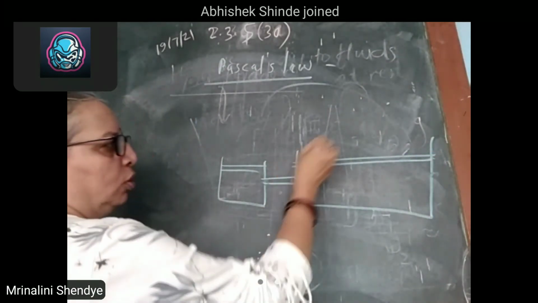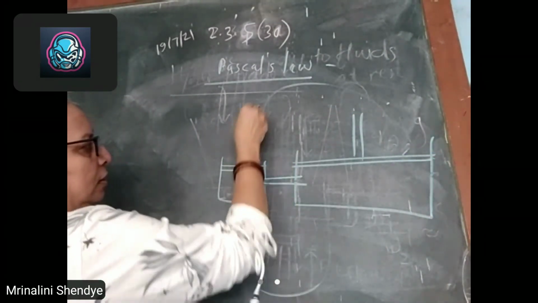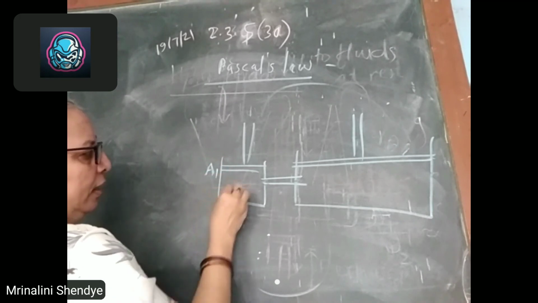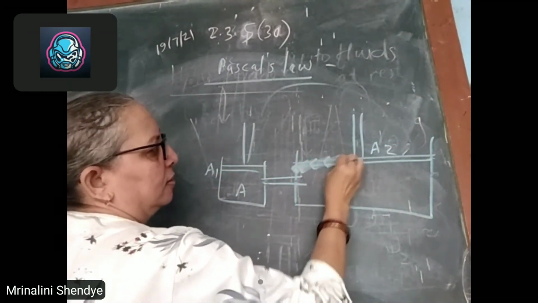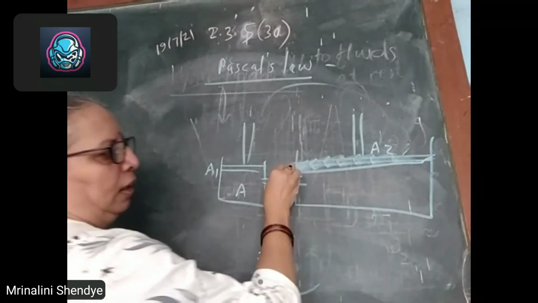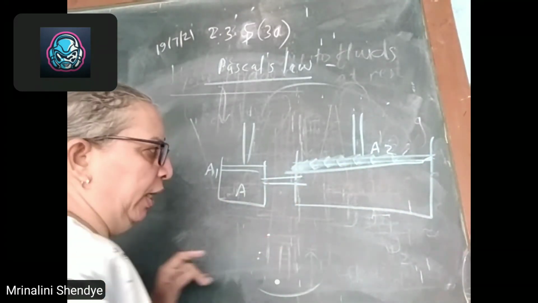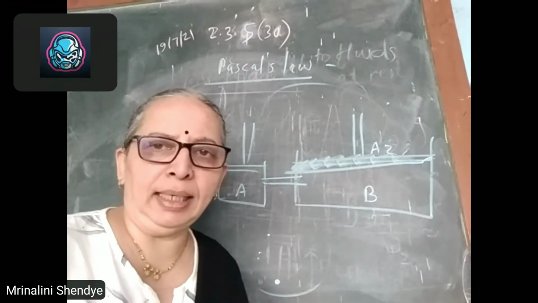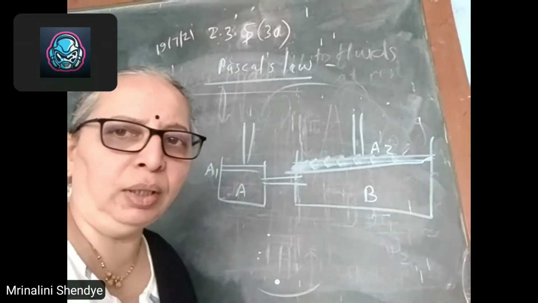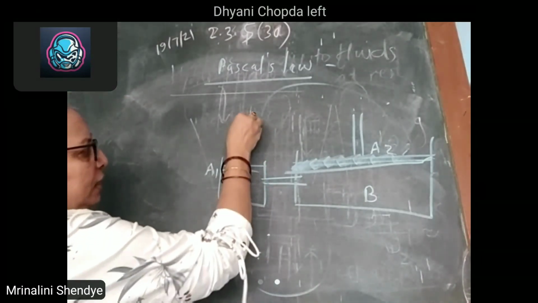Areas of both cylinders. इसका A1 है, the cylinder A, इसका A2 है, this area of the piston in contact with fluid, and this is B है. ऐसे होते हैं.